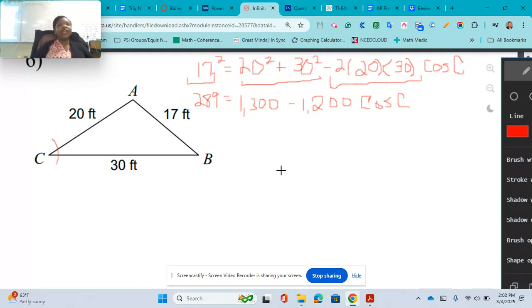Order of operation, we need to get the C by itself. So we need to move what is further from the C on the same side of the equal sign. The 1,300. That's a positive 1,300. What do we need to do? Subtract 1,300 from both sides.